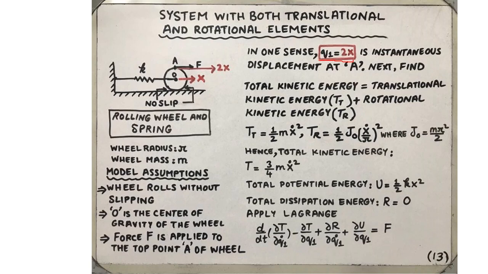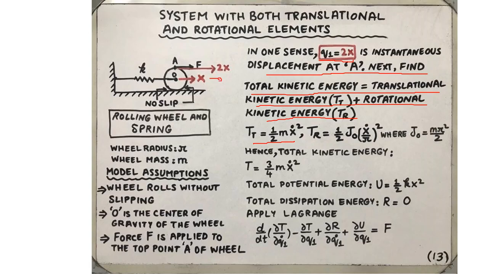that is when we talk about the instantaneous displacement at point A, then the rest of the task becomes very easy. We can easily write down the expression for the total kinetic energy of the system, which is the sum of translational kinetic energy and rotational kinetic energy. The translational kinetic energy is due to the motion of the wheel along the displacement variable x.